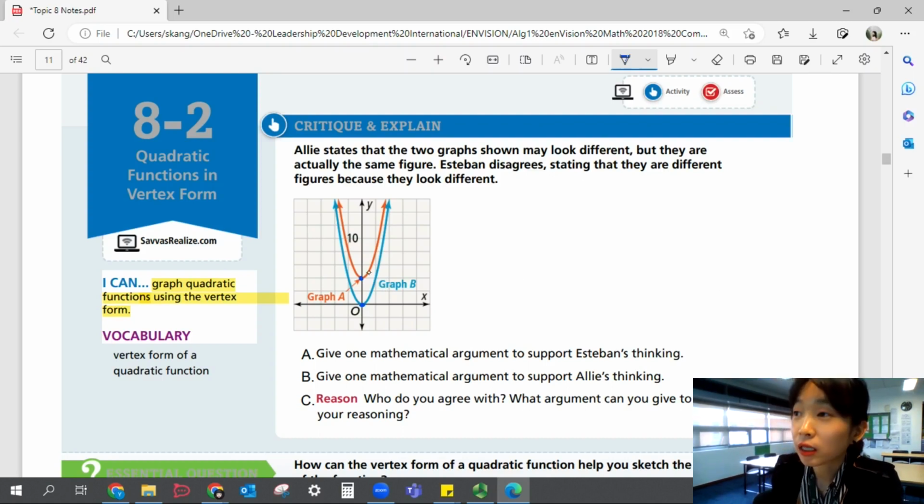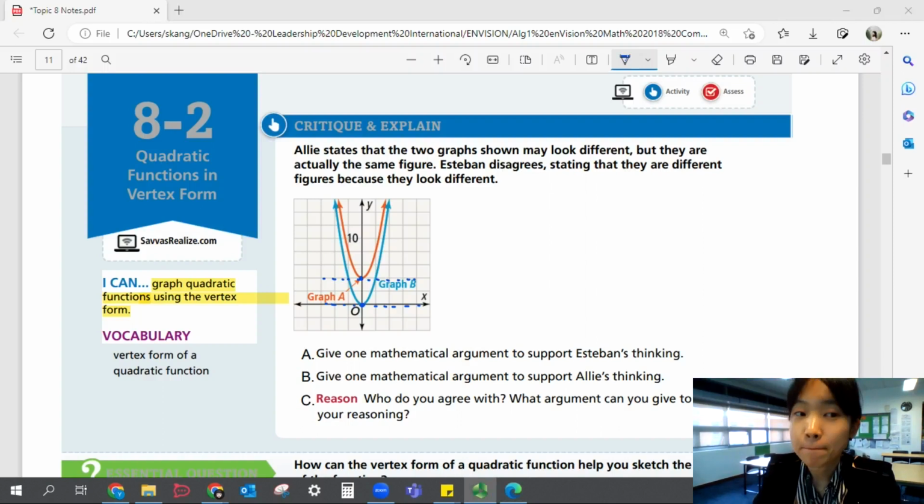If you look at this line, that's where graph A starts, facing upward. And this line is where graph B has its vertex, right? And if you look at the width may also look different. Okay, so those are the things you can notice and point out.